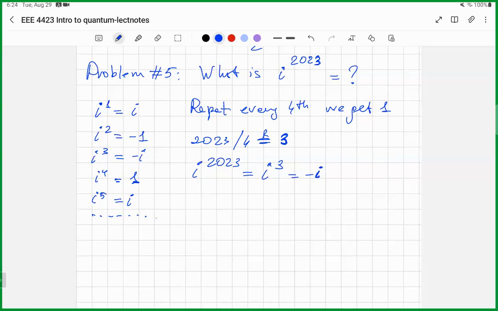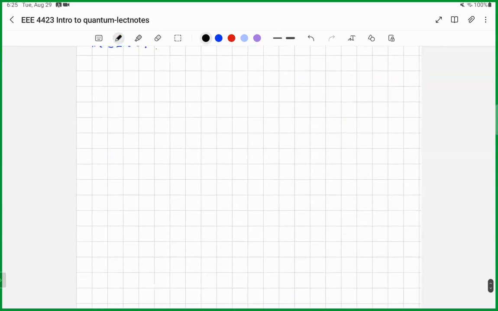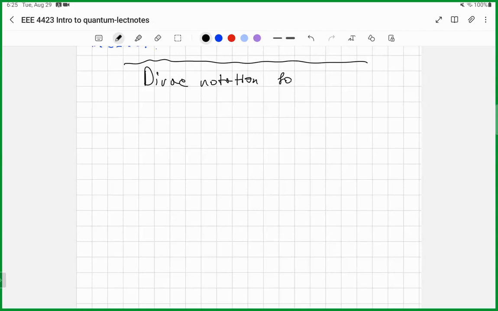So now I need to introduce a pretty important concept, the Dirac notation for vectors.